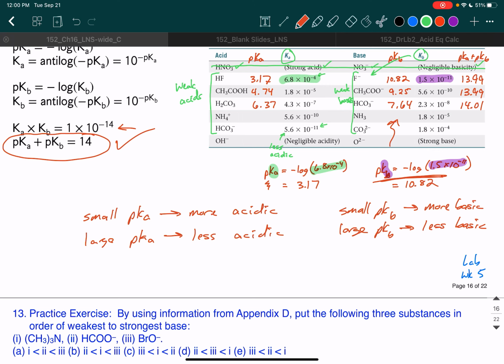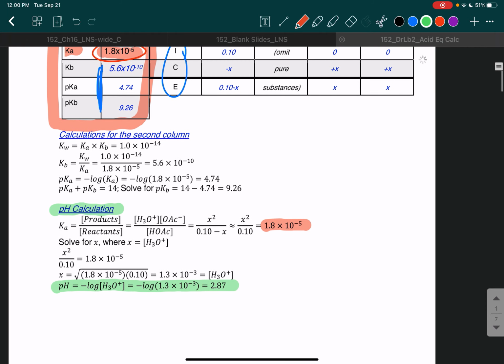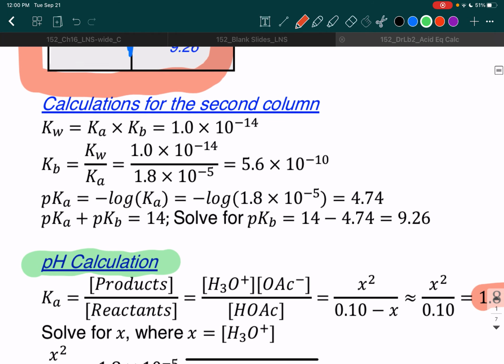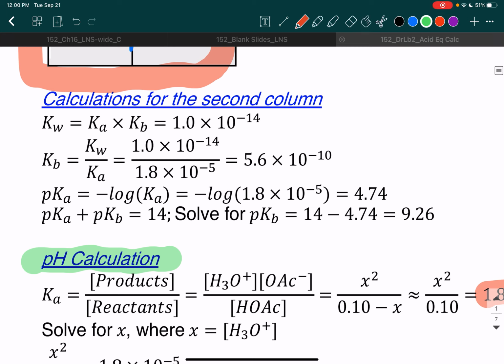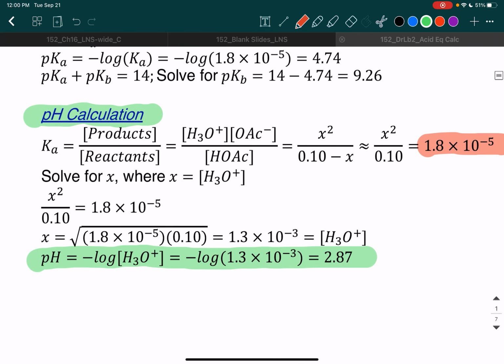If we go back to the lab for a moment. Actually, let's just take a peek in here. I'm going to focus in on the pH calculation here. There's that approximation, just like I did before. There's no X in that final expression. Solve for X, just like before. X is the hydronium concentration.